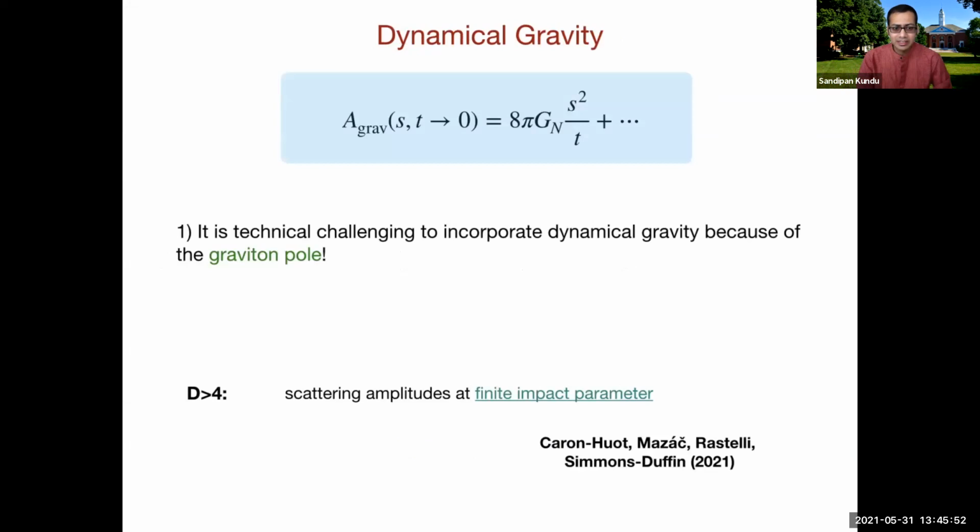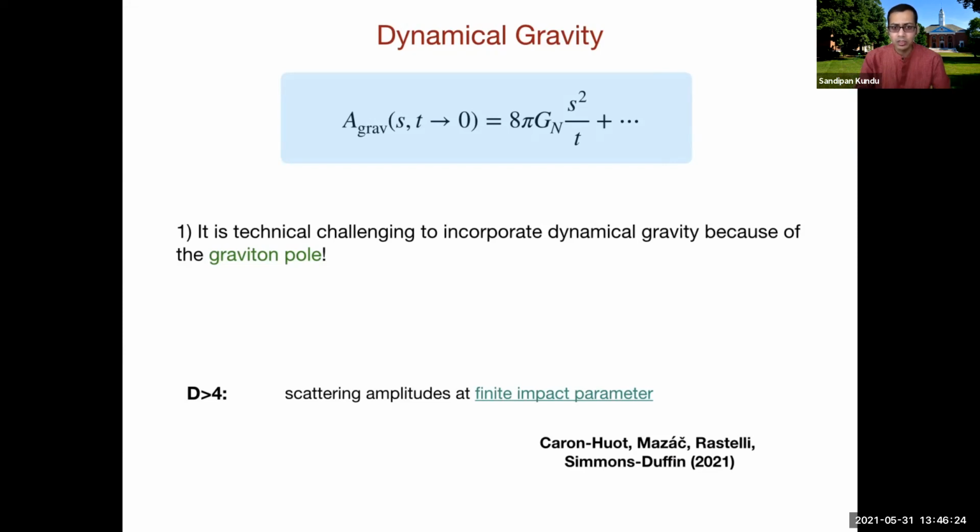There is another technical problem that is associated with all these arguments. It is technically challenging to actually incorporate dynamical gravity because of the graviton pole. Generally, most of these arguments talk about the forward limit. Even if you take the tree-level graviton exchange diagram and take the forward limit of that particular diagram, you get a pole at t equals 0.